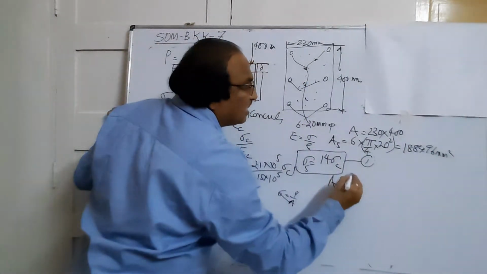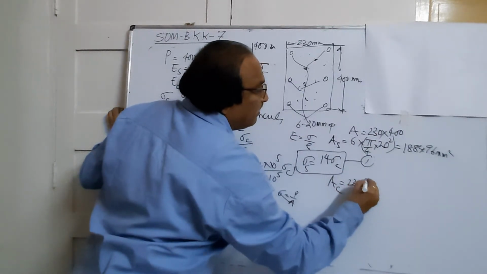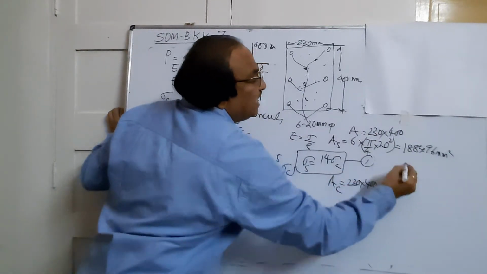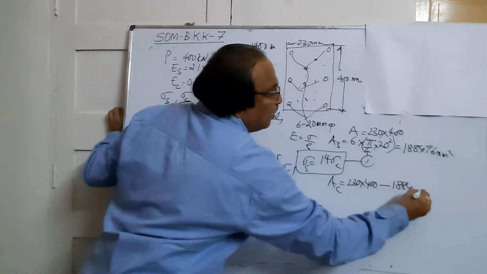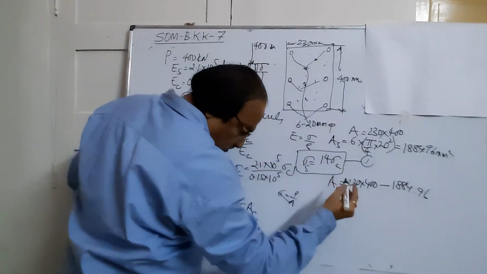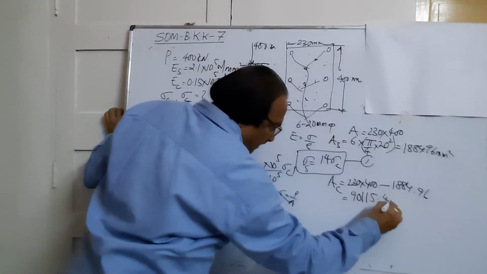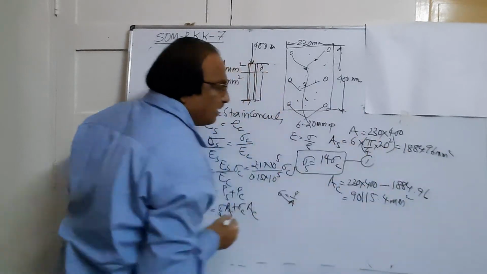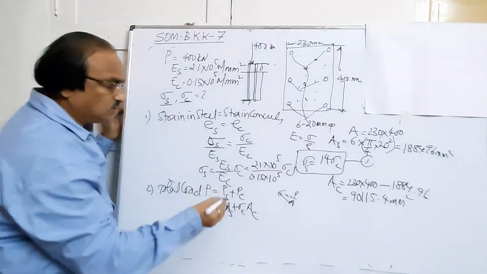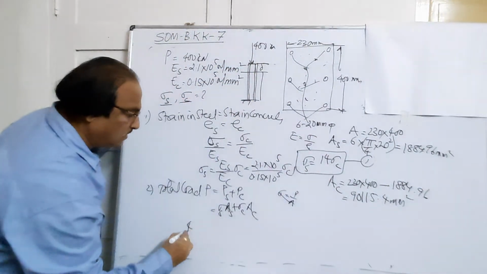When this is the area of steel, the remaining will be the area of concrete. So area of concrete will be area of column, 230 by 400, minus area of steel, 1884.96. If you simplify this, the area of the concrete you will get is 90115.4 mm square. Now if you substitute the values, total load is given as 400 kilonewton.